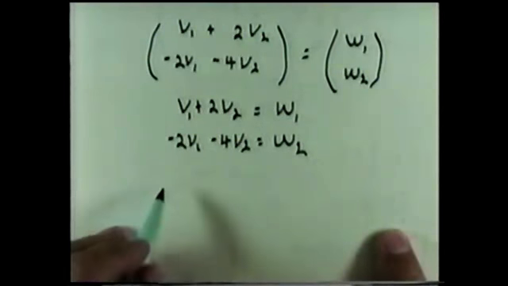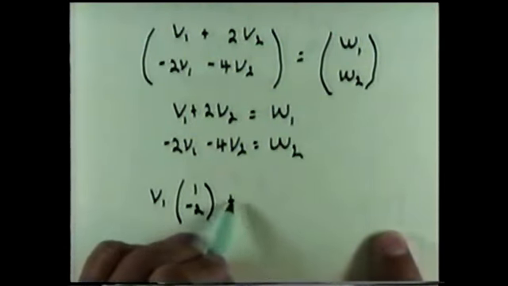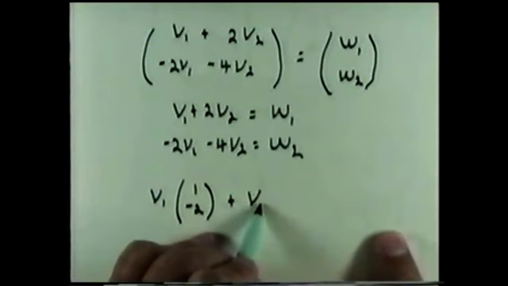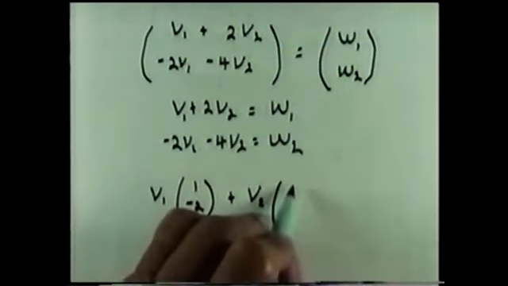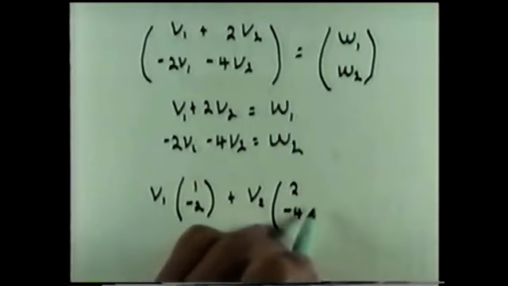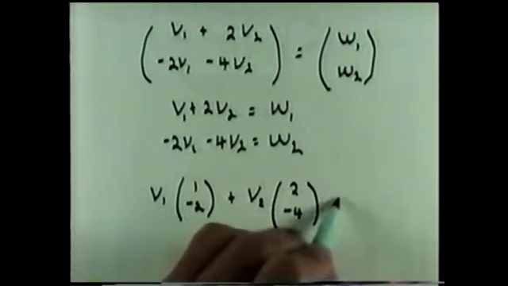Now I can rewrite this as v1 times [1, -2] plus v2 times [2, -4], and we just say that's the vector w.